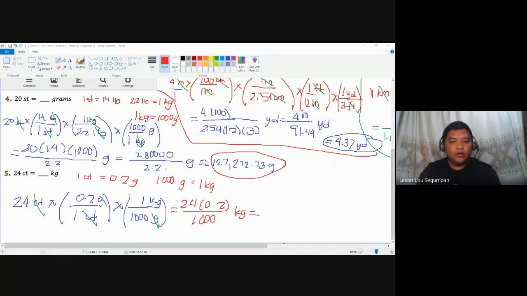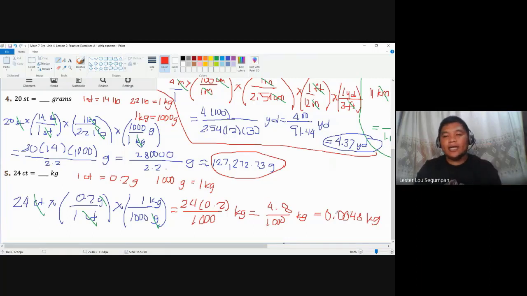So 24 times 0.2 is 4.8 over 1000 kilograms. So 4.8 divided by 1000 is 0.0048 kilograms.